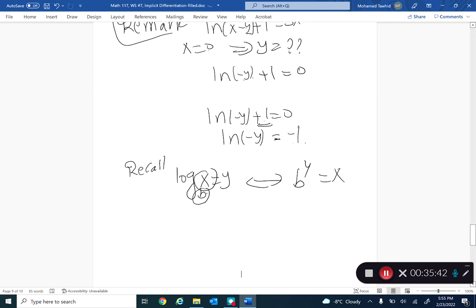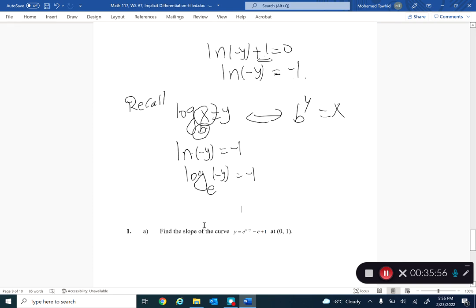So ln here is log base e of negative y equal to negative 1. The base is e. So written in equivalent form, it will be e to the power negative 1 equal to negative y.